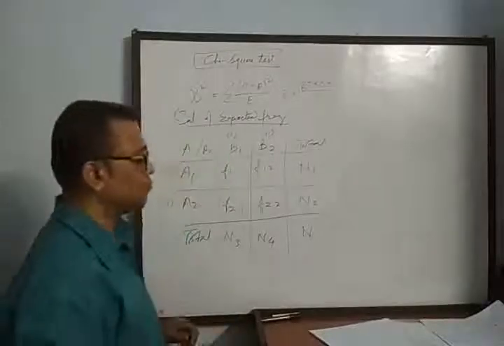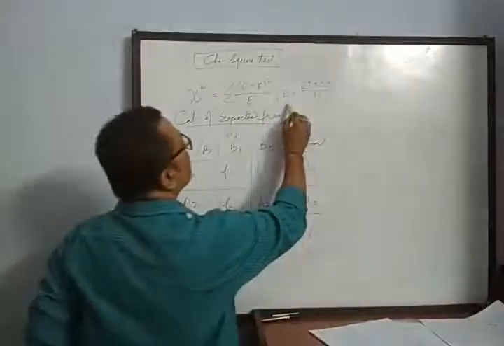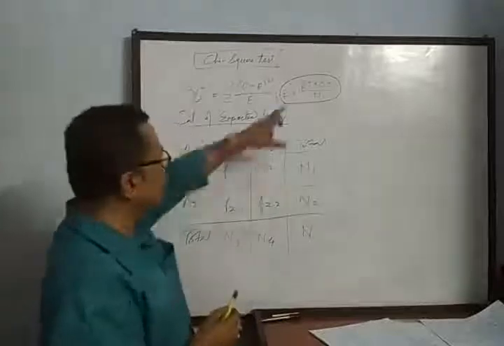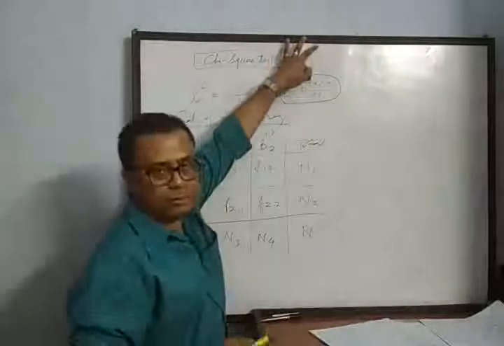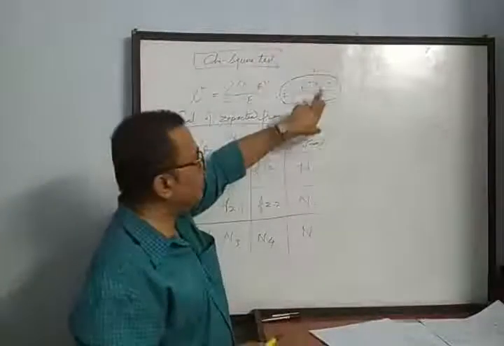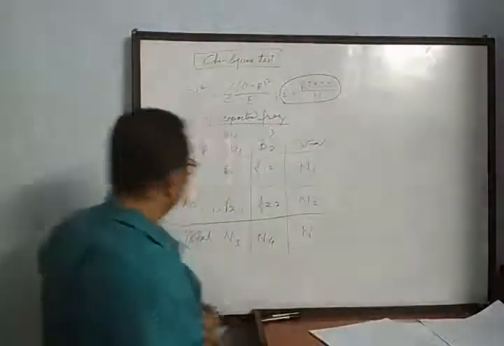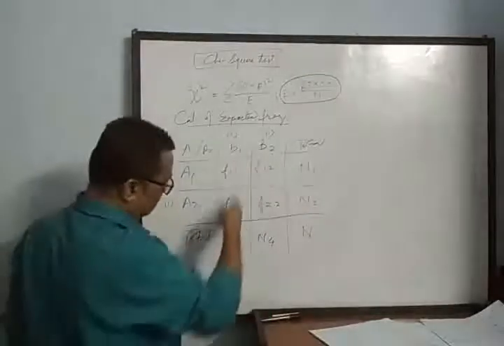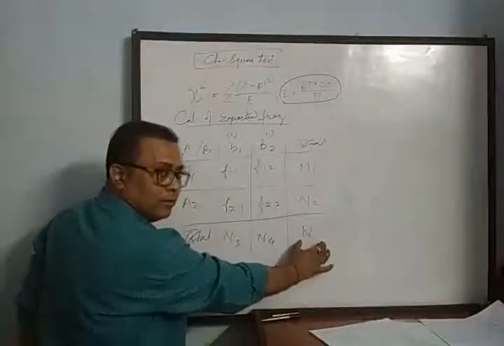Now here one important formula is given to calculate the expected frequency, that is RT, meaning row total, into CT, meaning column total, divided by N. Understand?